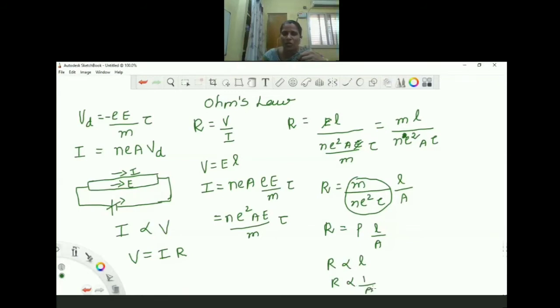So what are the factors on which resistance depends?